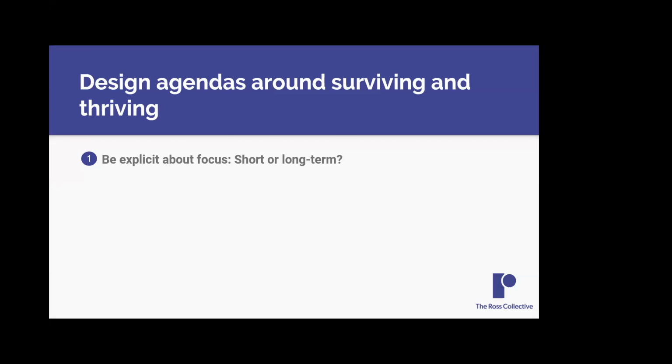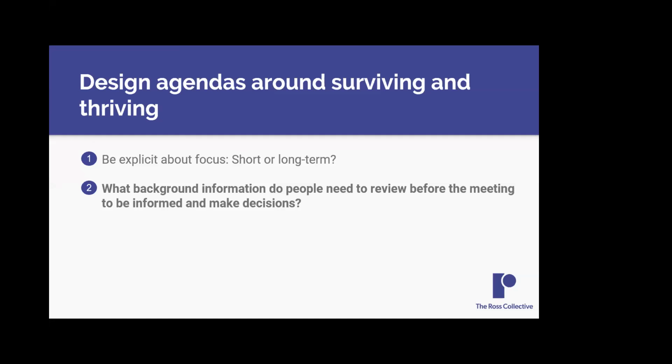Depending on what the meeting's about, it may be that you want to spend most of your time talking about short term because there are some decisions that need to be made, but you also want to make sure that you find that longer term energy for the work you want to do. Again, what background information do people need to review before the meeting to be informed and make decisions? Make sure that you give people time to think.